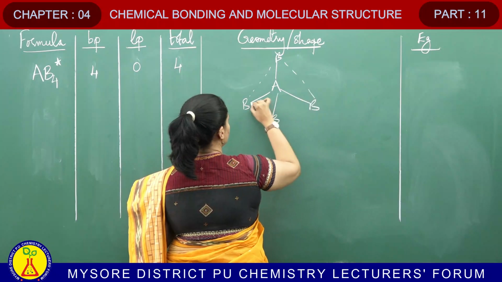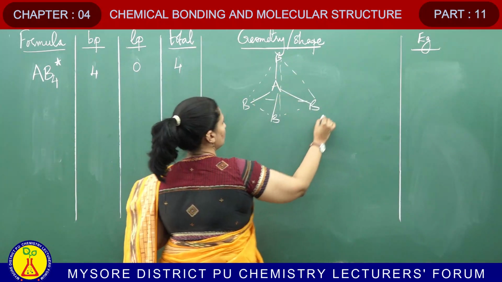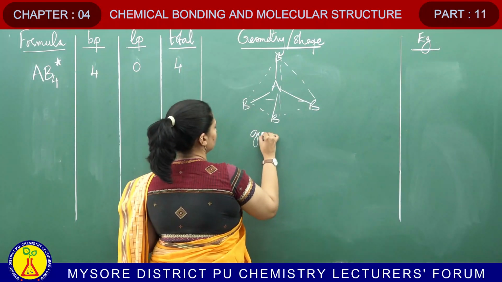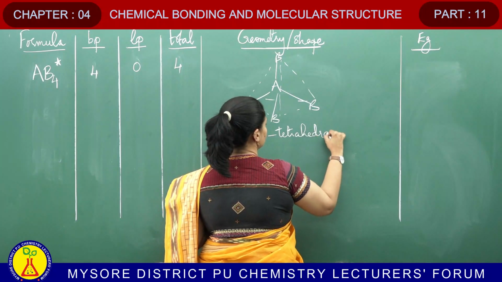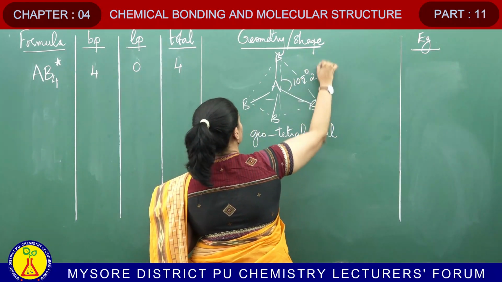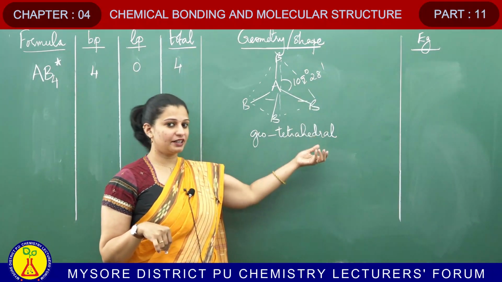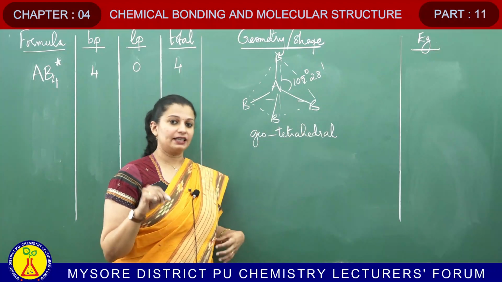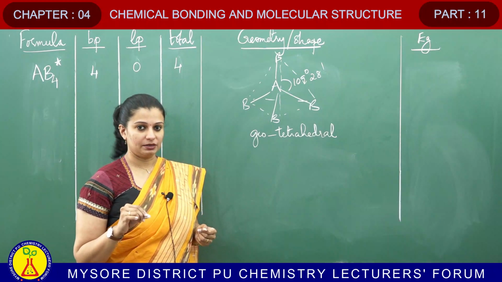So, if you outline like this, you have what is called a tetrahedral geometry and the bond angle is 109 degree 28 minutes. Many books you might find it as 109.5 degrees, that is also fine, but to be very clear, the exact value is 109 degree 28 minutes.